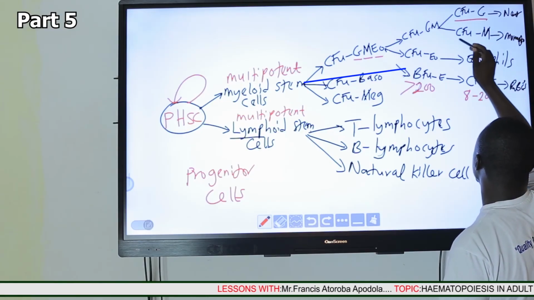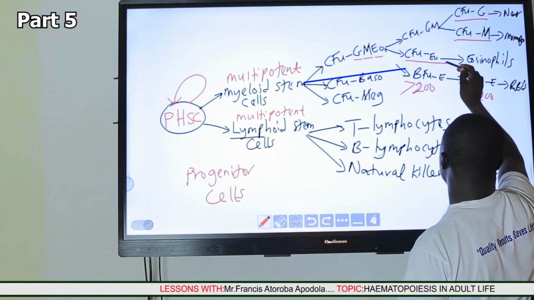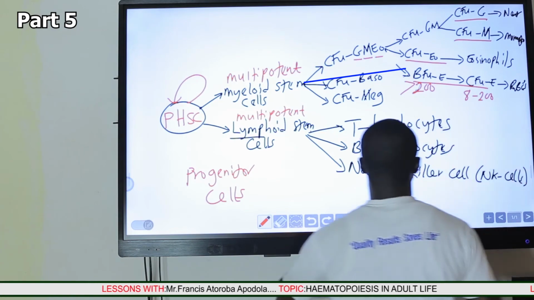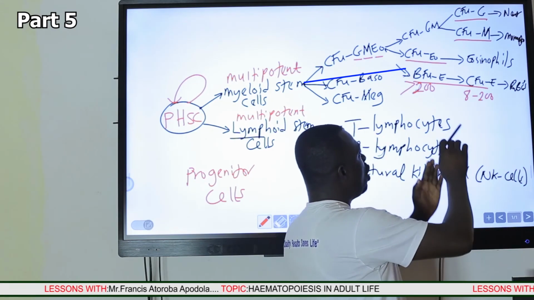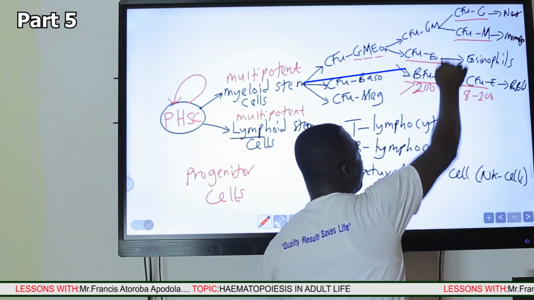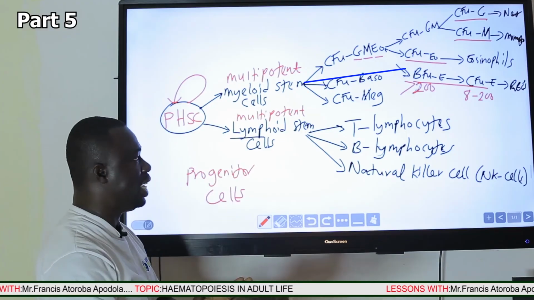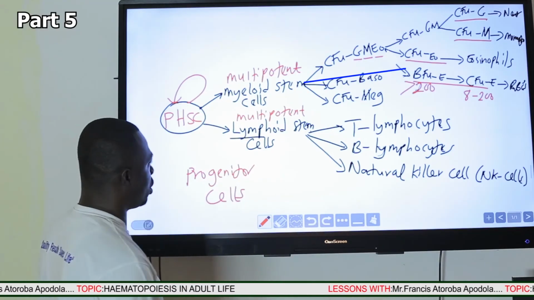Uni means single. These are also unipotent stem cells. And so these unipotent stem cells are committed. So we call them committed progenitor cells, or they are committed to the respective terminally differentiated cells.